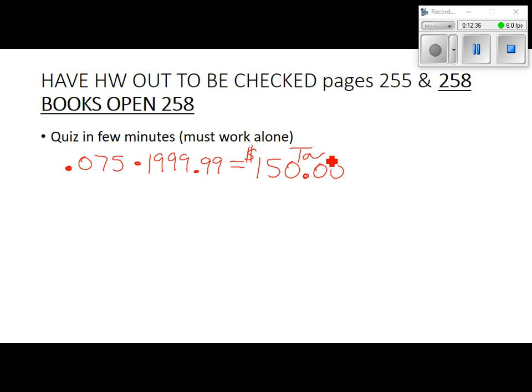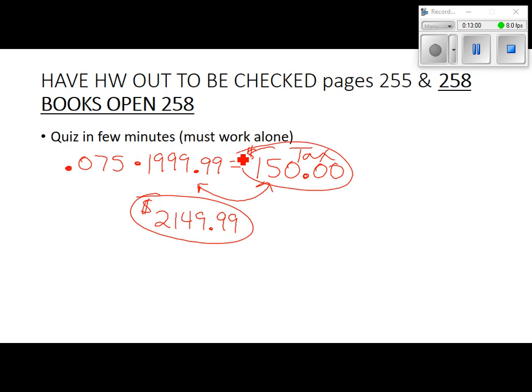That's your tax. What do you do with that number to find the final cost? Add it to the 1999. So add this to this. It's almost 2,150. It's a penny short of that, isn't it? So those are the numbers that go in the blanks.